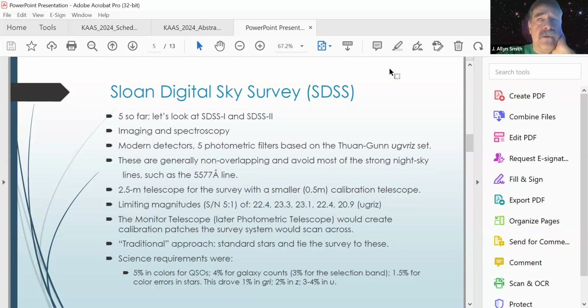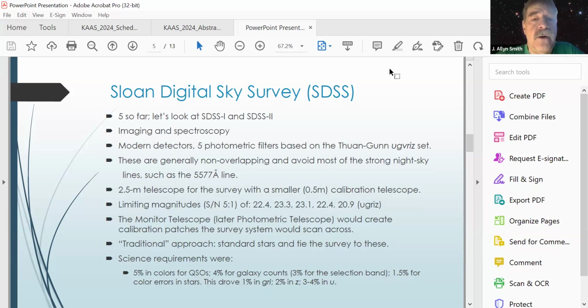We use modern detectors, CCDs. There are 3 different versions of the CCD on the imaging camera versus 1 in the calibration camera. The 5 photometric filters were based on the Thuan-Gunn u g r i z set, and they were reduced back to the monochromatic AB magnitude system. So these are not Vega magnitudes.